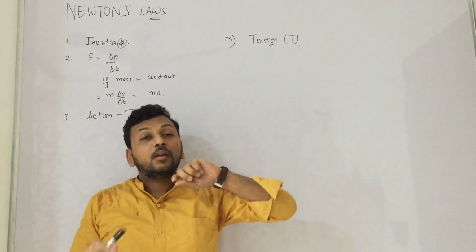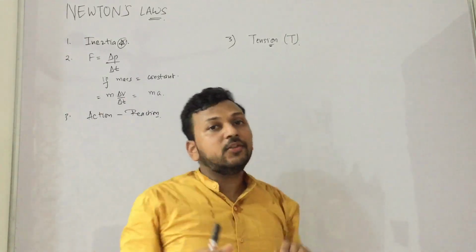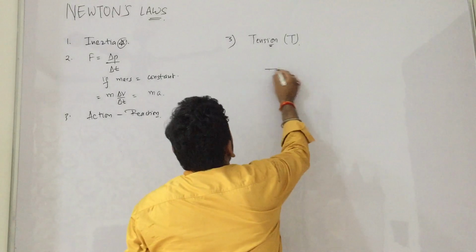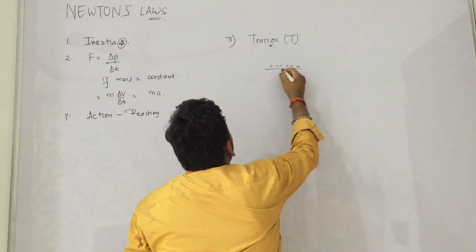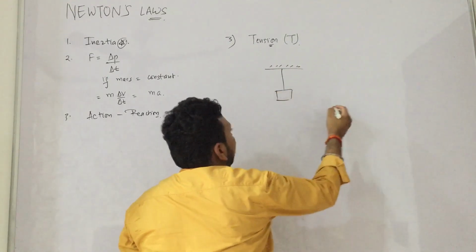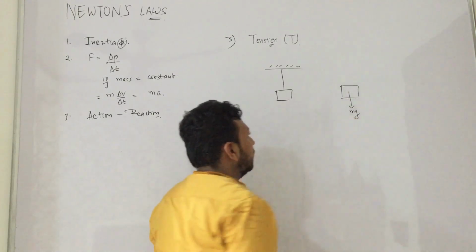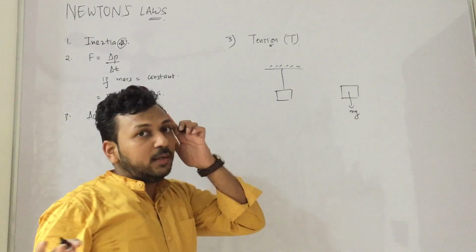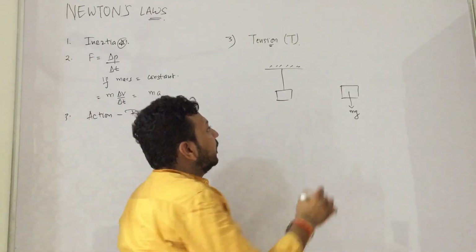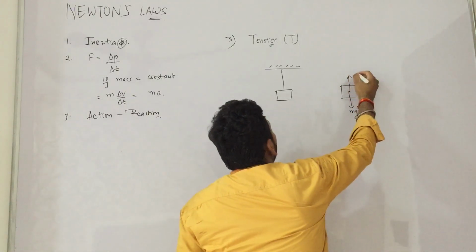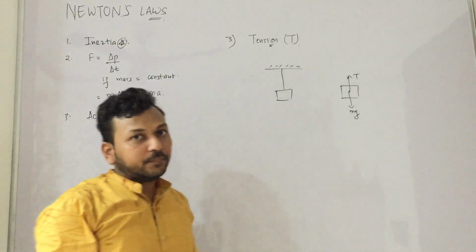Now the tightness in the rope is the tension only. So suppose from the ceiling we are having an object. If I make the FBD, mg will be downwards. There is no normal reaction, there is no support, it is not in contact with anything. Now tension will be upwards, which is supporting it.